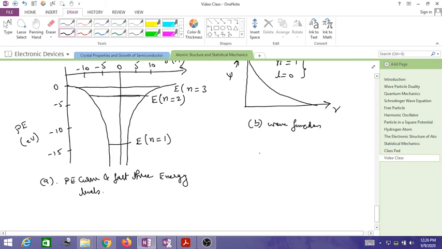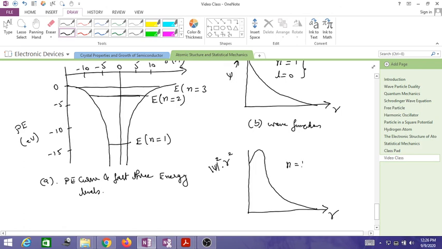If you represent the radial position probability, the radial probability graph with respect to r and the magnitude of the wave function multiplied by r squared, then it looks like this.